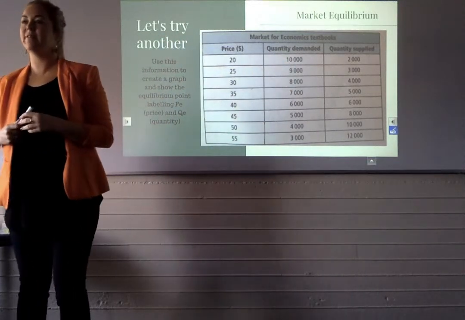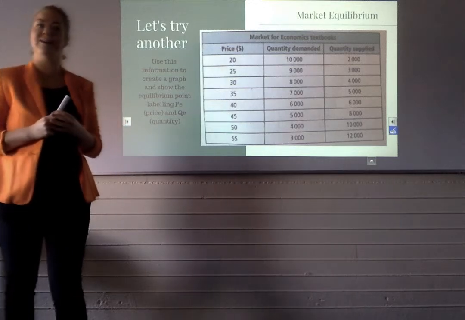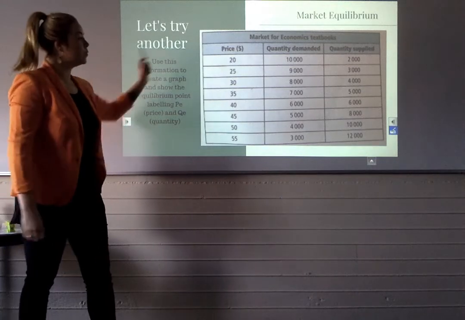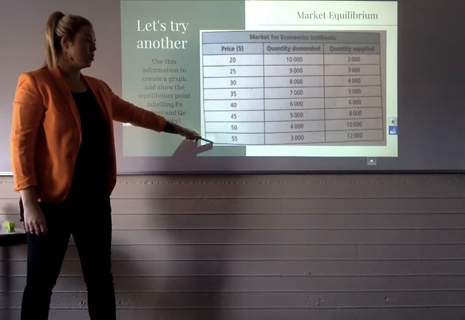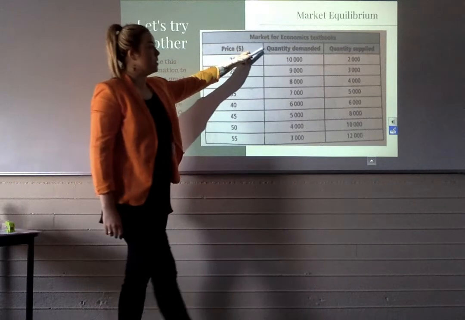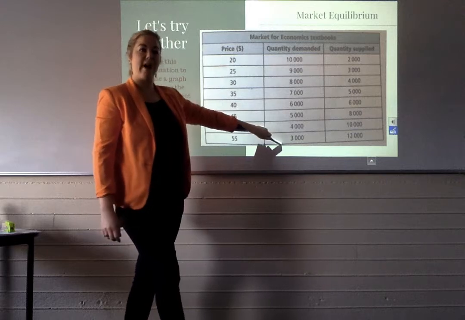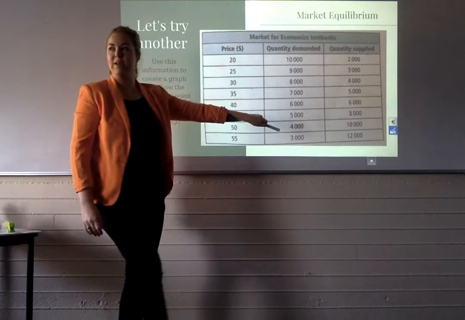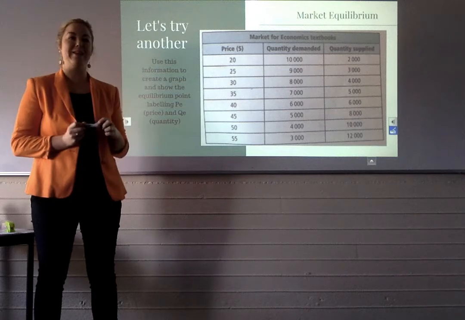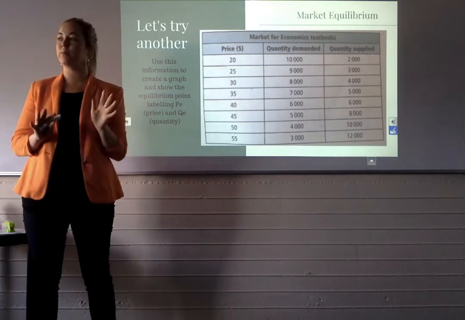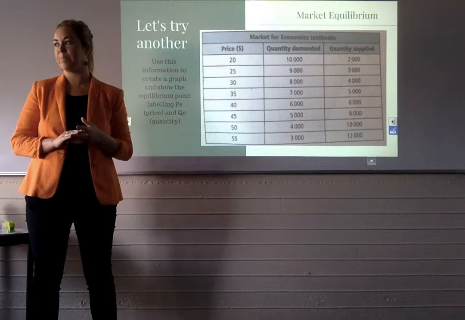And remember, the definition for the law of demand states that as the price of a good or service increases, the quantity demanded will decrease, and vice versa, assuming ceteris paribus. And ceteris paribus means that all factors other than price remain the same.